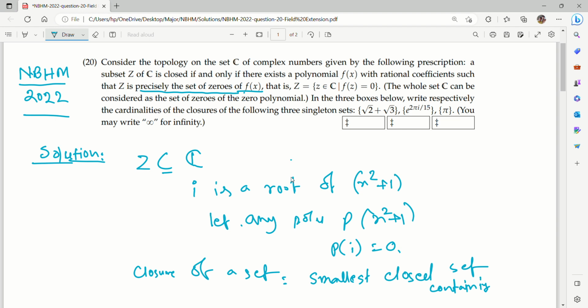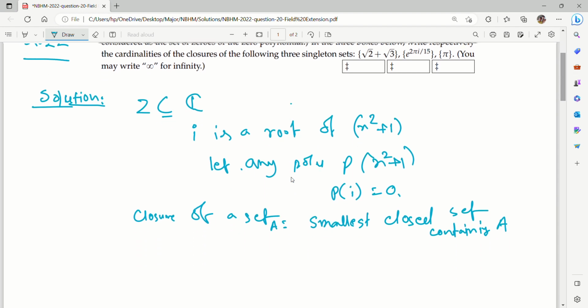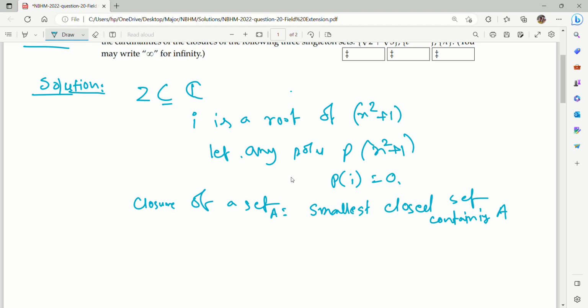Closure of a set A is the smallest closed set containing A, right? So that means we want to find out the minimal polynomial, the minimal polynomial satisfied by I. So there is only one polynomial, which is x square plus 1.